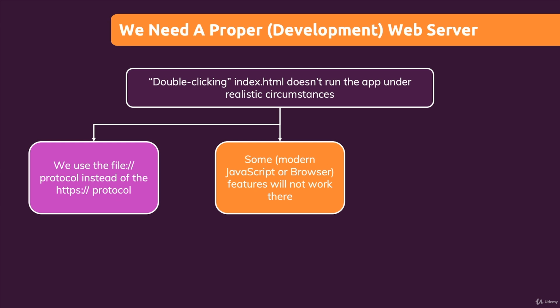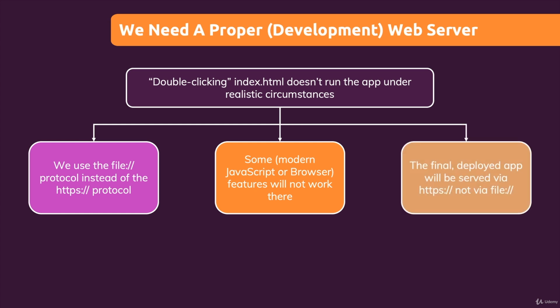And in addition, there is one important thing you have to keep in mind. The users of your website, of your Vue web app, so the users you want to target with your app, they will in the end visit a website, right? You're building a website which eventually will be hosted on some server. So therefore, the final app which your users see will be hosted by a server and therefore will be served via HTTPS, not via that file protocol.